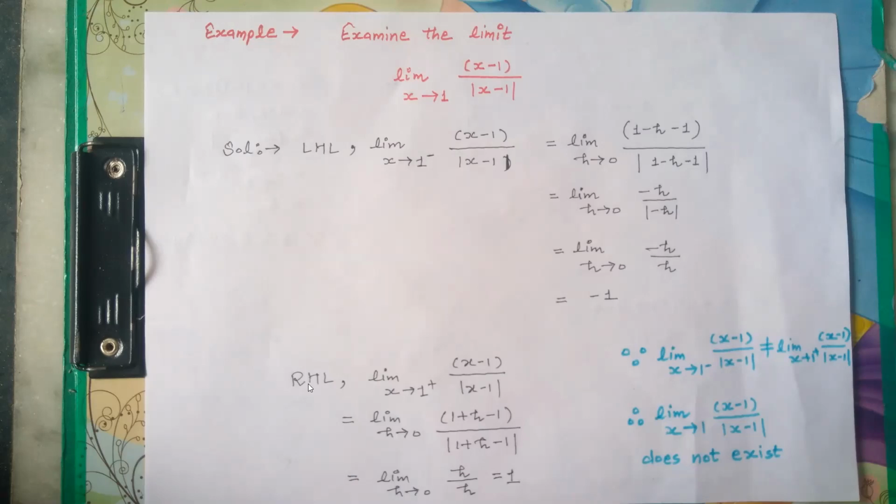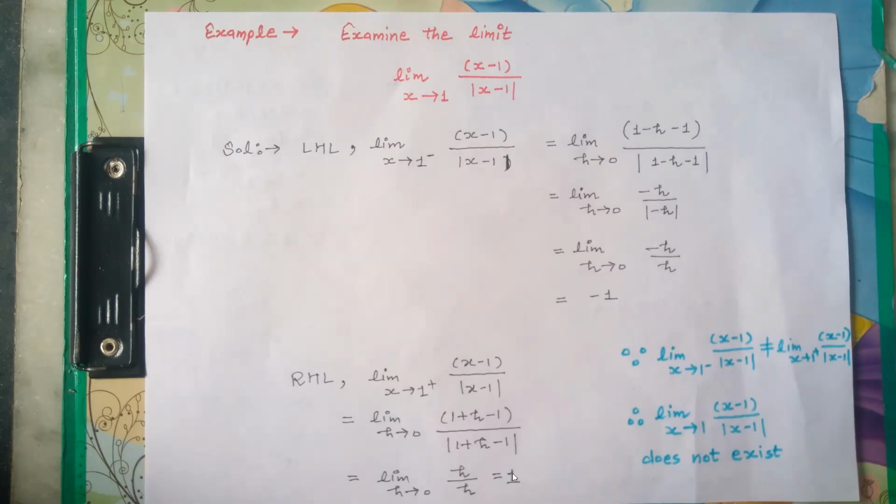Now we are going to discuss the right-hand limit. For the right-hand limit, we put a plus h in place of x. A is 1, so 1 plus h, and 1 plus h in the denominator also. So 1 and 1 cancel, 1 and 1 cancel. In the numerator, we are left with h. In the denominator also, we are left with h.